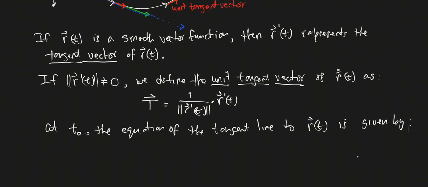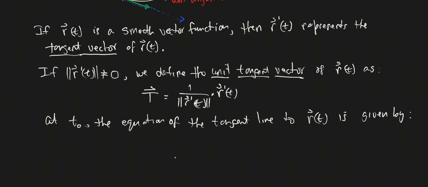Now, let me write down the formula that we used previously to find the equation of a line. We needed a position vector from the origin, and then we had to take every scalar multiple of the direction vector, right? And we said that t could be any real number.